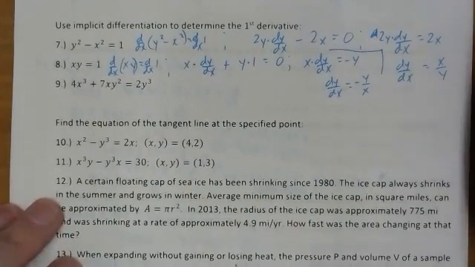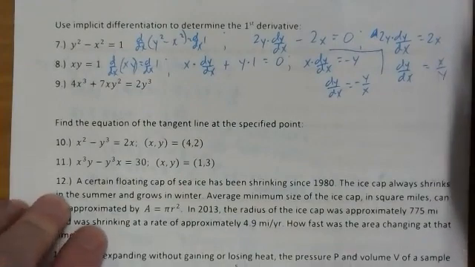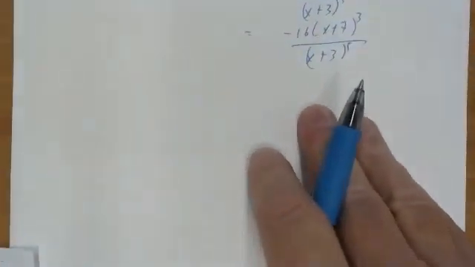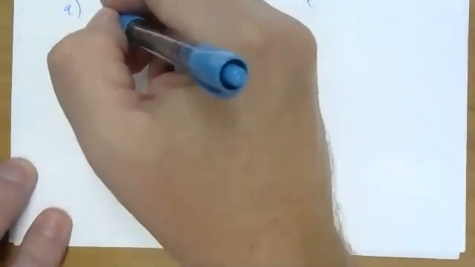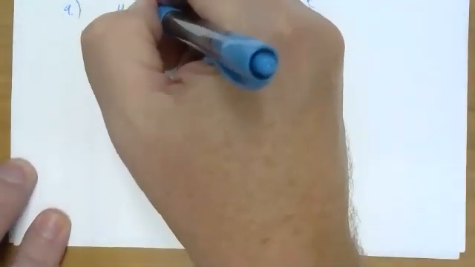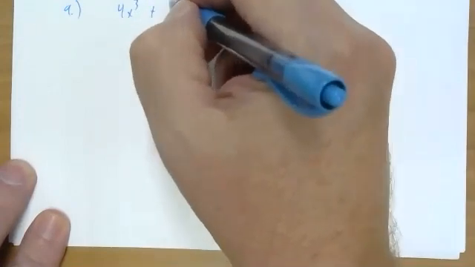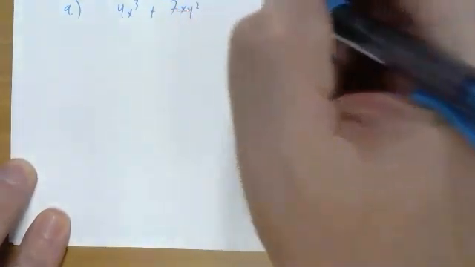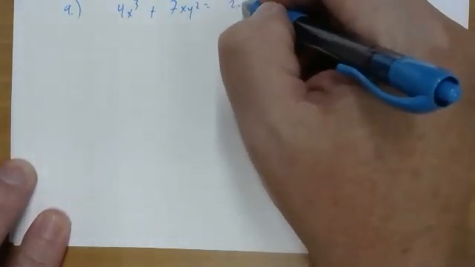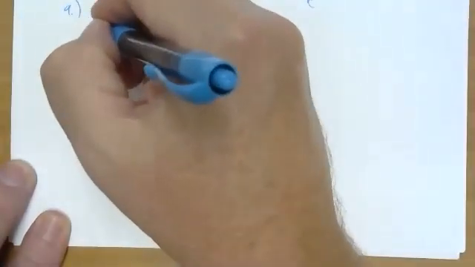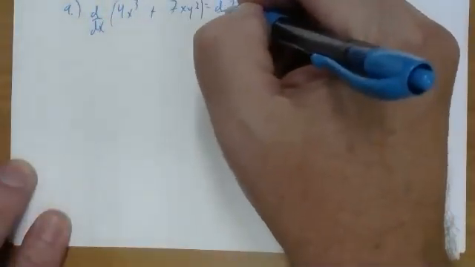So we have 9. Let me do that on a separate sheet of paper. So number 9 is 4x cubed plus 7xy squared equals. So I'm going to take derivative of both sides with respect to x.